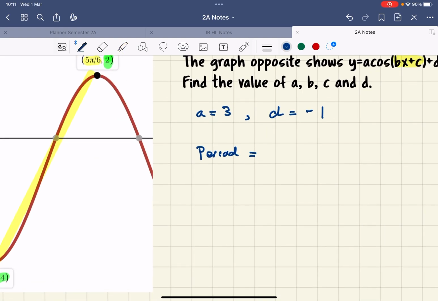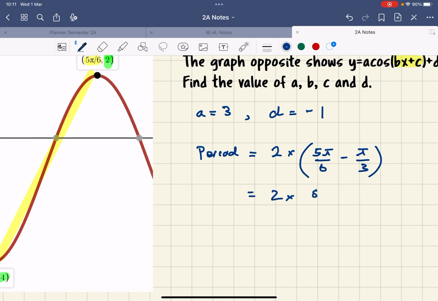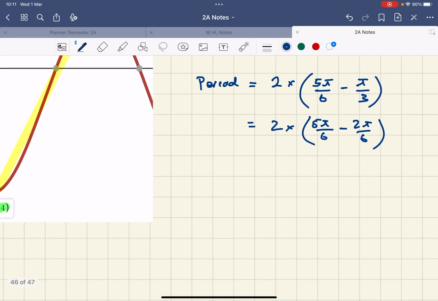So my period is 2 lots of the difference between 5 pi over 6 and pi over 3. So this is 2 times 5 pi over 6 take away 2 pi over 6. In the bracket, I've got 3 pi over 6. I times it by 2, my period is pi.